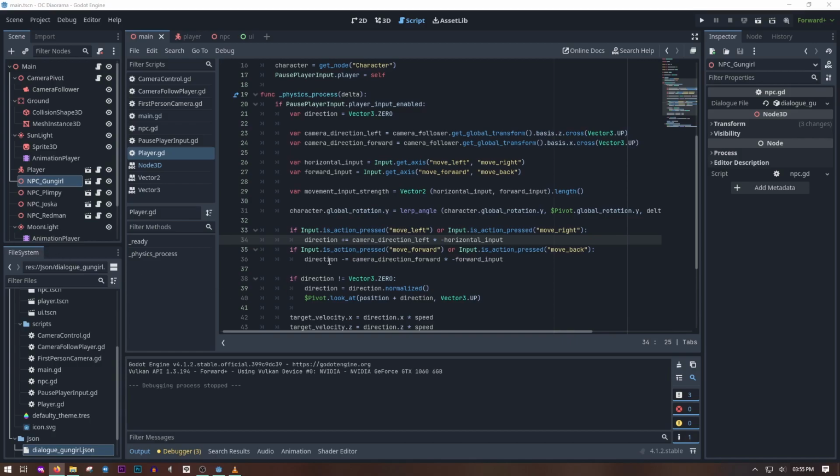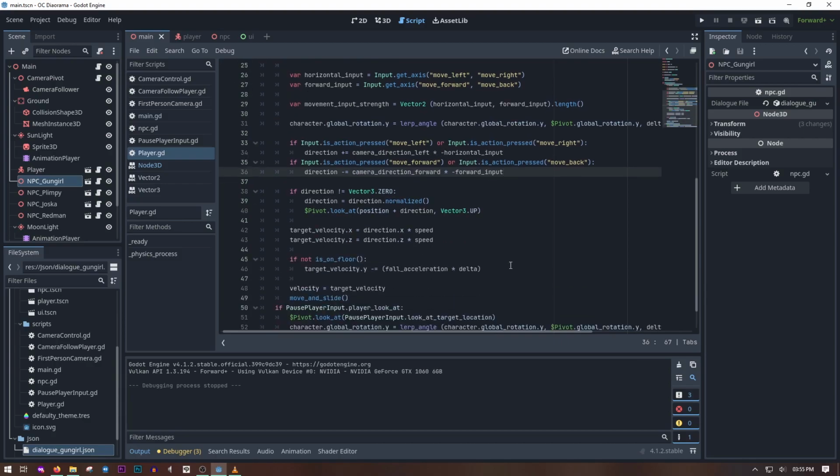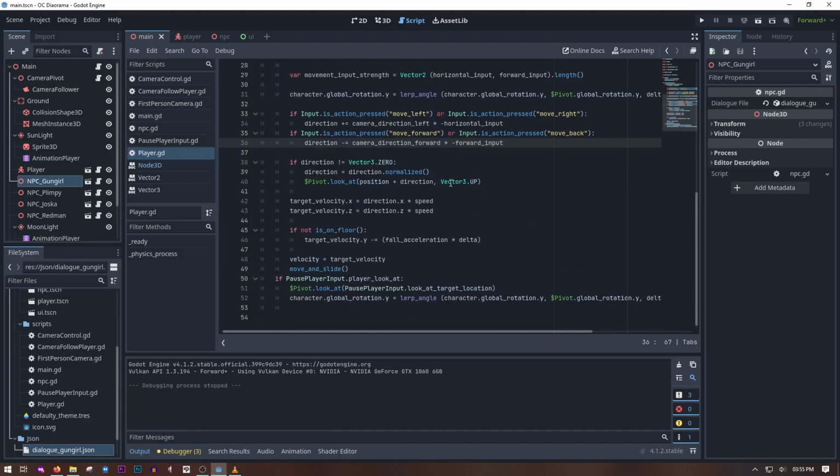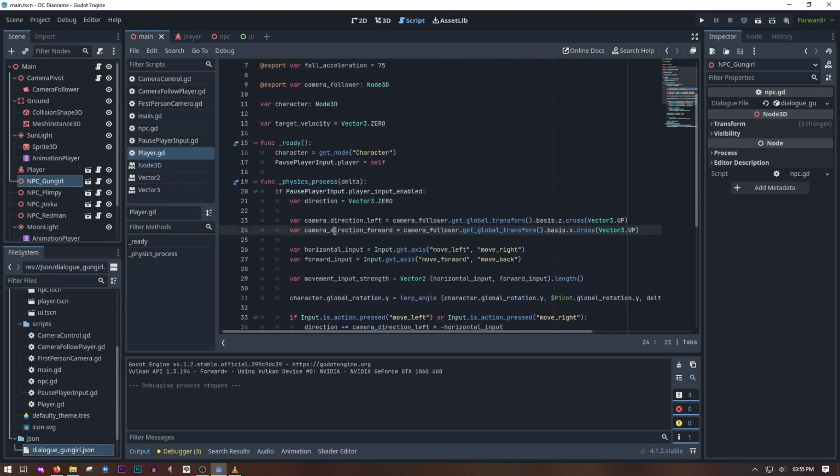Right, so this is saying that direction is direction plus camera direction left times minus horizontal input for this part. And then if move forward or move back, direction is direction minus camera direction forward times minus forward input. I minused some of these because it was doing the opposite of what I expected, but this works. So the direction is the direction minus camera direction forward, which is defined here.